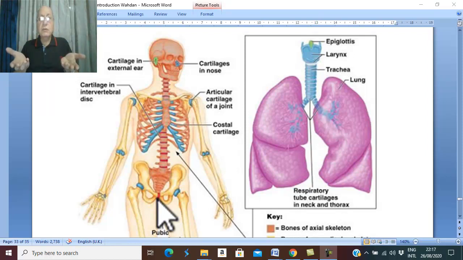What is the nutrition if there are no blood vessels? The nutrition of the cartilage is taken from the peripheral layers around the cartilage.